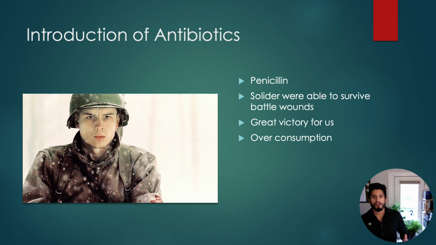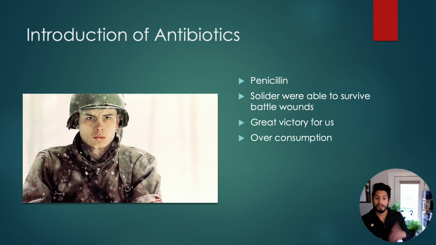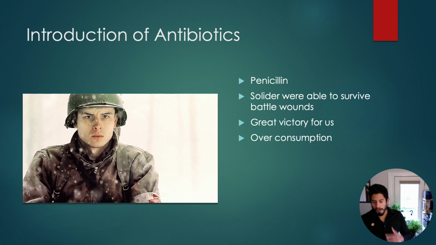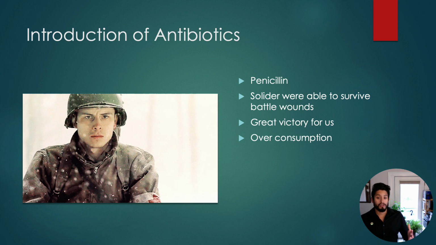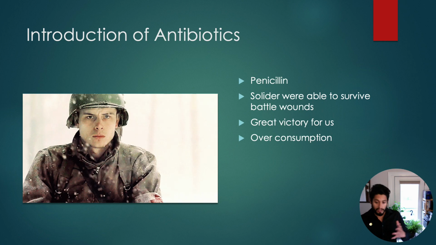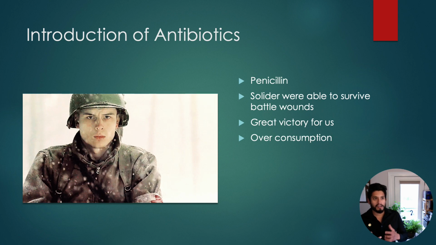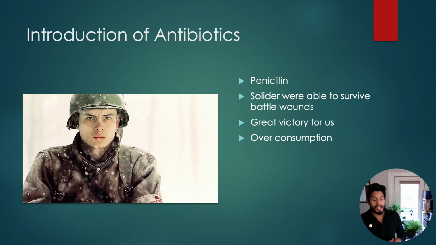When World War II occurred, the mass production of antibiotics really ramped up to take care of soldiers. But later on, antibiotics became overconsumed, and that caused what we are dealing with now: superbugs, where the bacteria has evolved and is now resistant to the antibiotics.